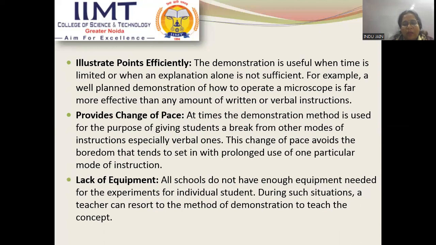If we are telling just about a microscope, what it is, how it looks, and how it works, it is better to demonstrate the working of the microscope so that students can easily understand it.